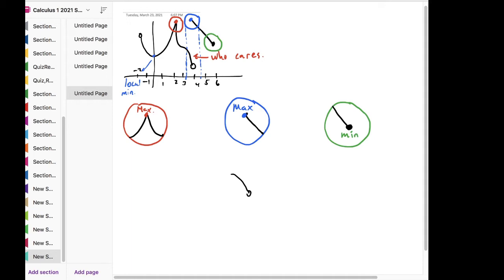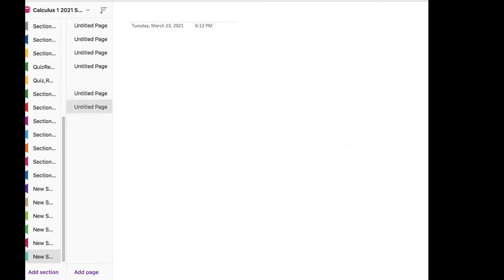Okay, great. So this is a theorem. We're not going to prove it because it doesn't really need to be proved unless you're really particular. I think it's kind of obvious. Extreme value theorem.